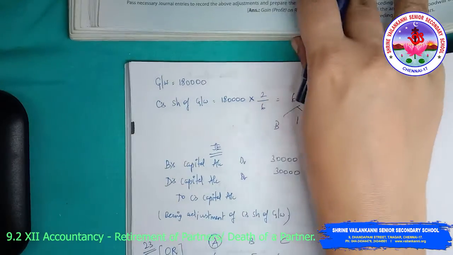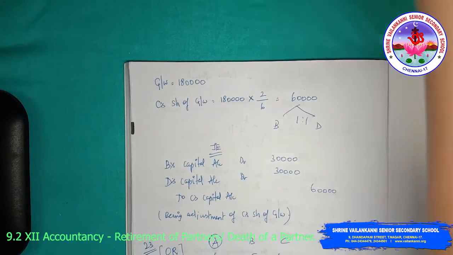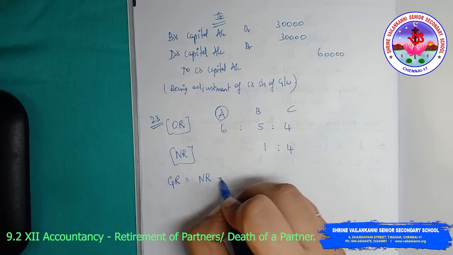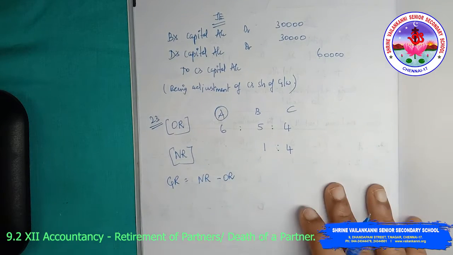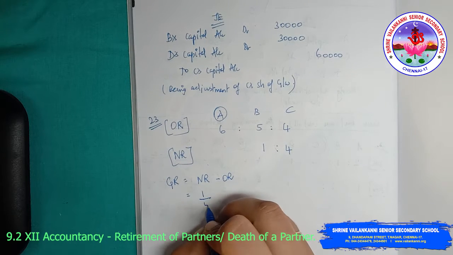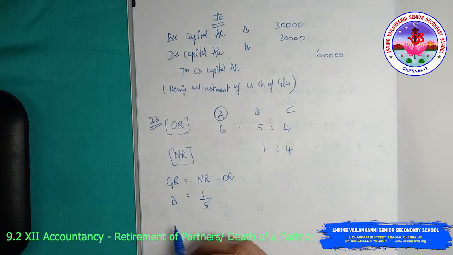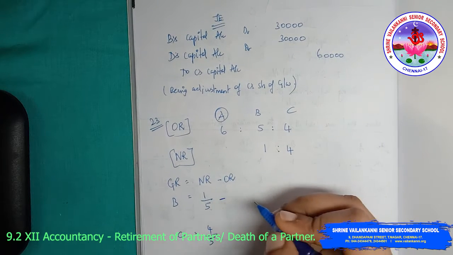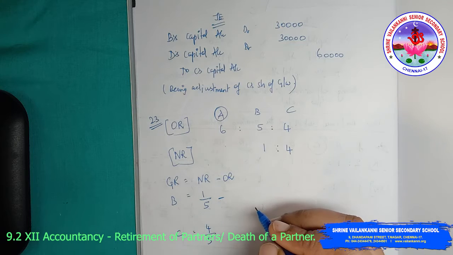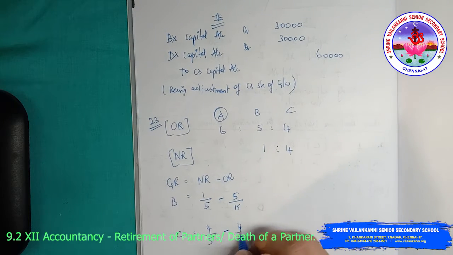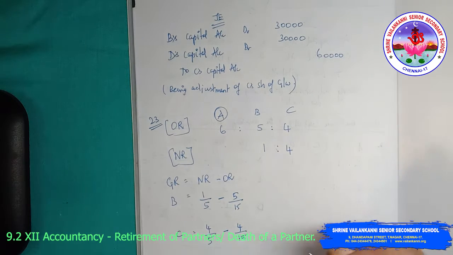So what is the gaining ratio? Gaining ratio is simple: new ratio minus old ratio. New ratio is 1/5 for B and 4/5 for C. Old ratio is 5/15 and 4/15.